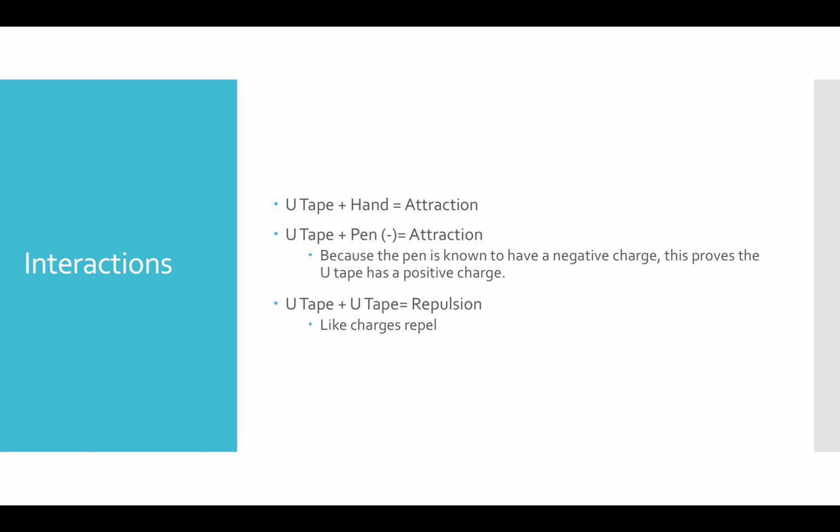Based on this, we were able to determine that the U tape is a positive charge because they're opposite charges and they're attracted to each other. Furthermore, we did two U tapes and saw how they interacted, and they were repelled from each other, which makes sense because like charges repel.